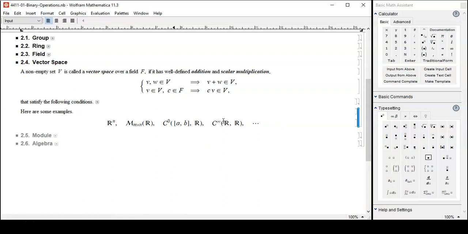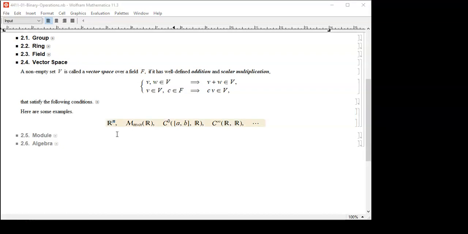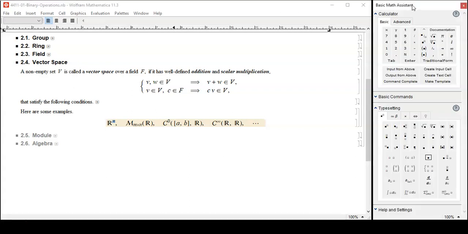Examples include Rn, the usual n-dimensional vector space that we deal with in linear algebra class, and to a certain degree in multivariable calculus as well, even though over there we did only up to R3 at best.